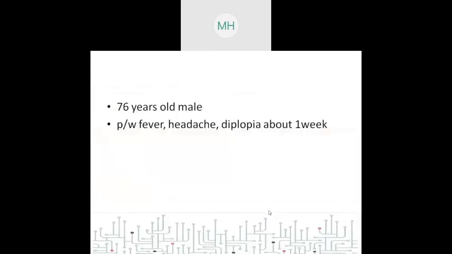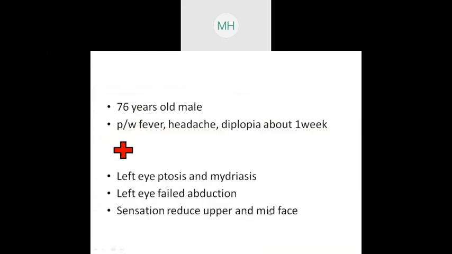A 76-year-old male, with fever and headache for 1 week. So this one might not be vascular. Fever shows some kind of infection. And then he has left eye ptosis, mydriasis, failed abduction, and reduced sensation over the upper and mid face.